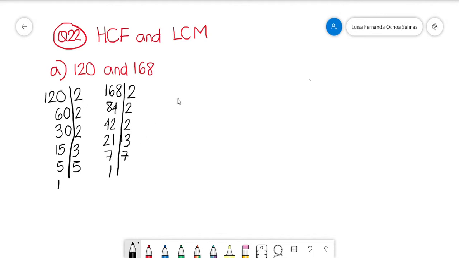I'm going to start with 120. So 120 is equal to 2 times 2 times 2 times 3 times 5. You can see this here.